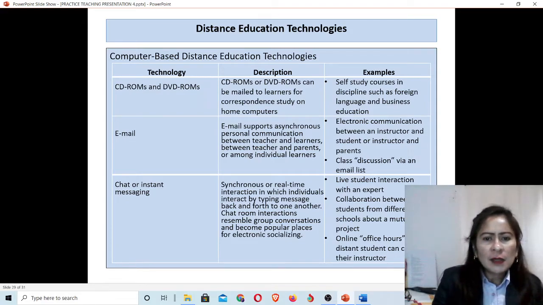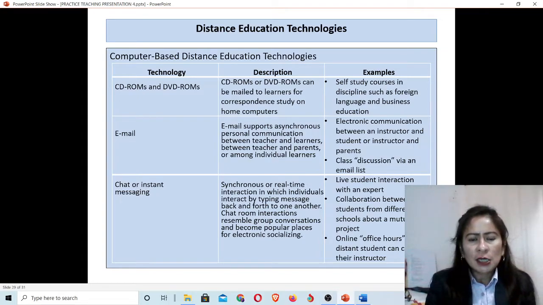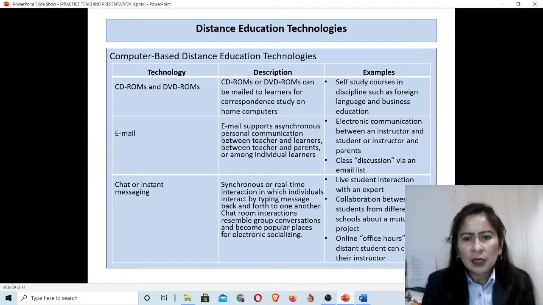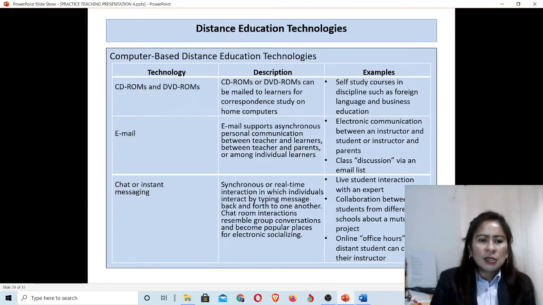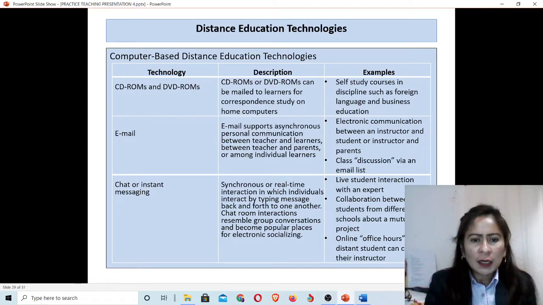Email. Email supports asynchronous personal communication between teachers and learners, between teachers and parents, or among individual learners. An example is electronic communication between an instructor and students or parents, or class discussion via an email list. Chat or instant messaging is synchronous, real-time interaction in which individuals interact by typing messages back and forth to one another.